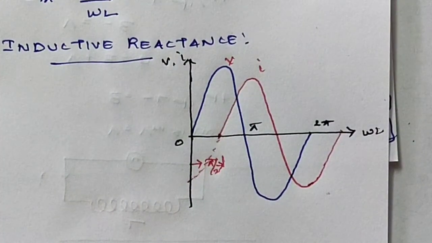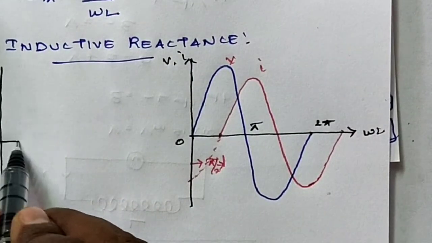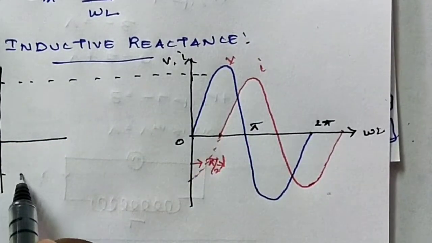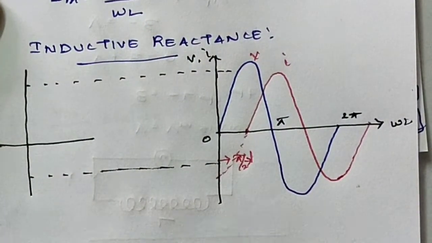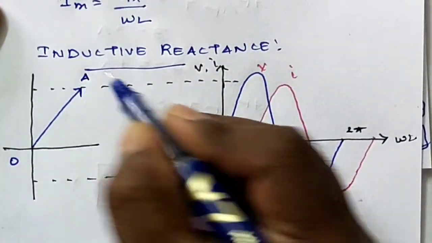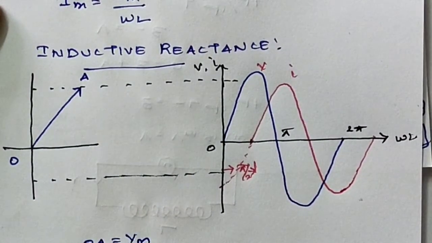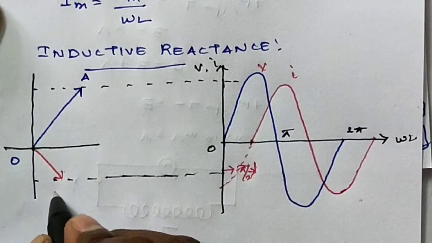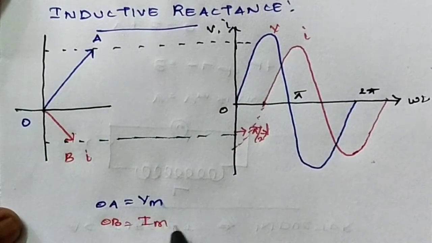Now using the phasor diagram, drawing vectors. Here is the origin. OA is the voltage Vm, and OB is the current Im.